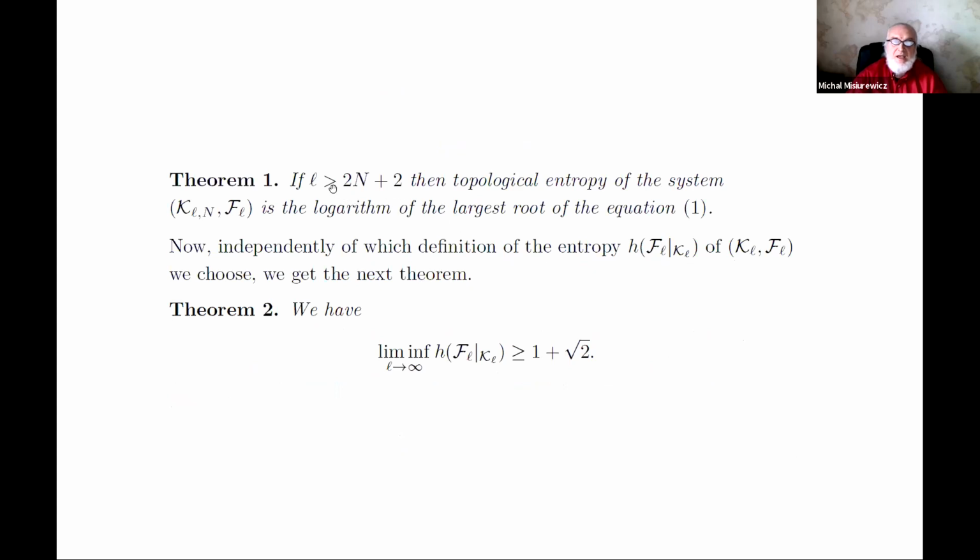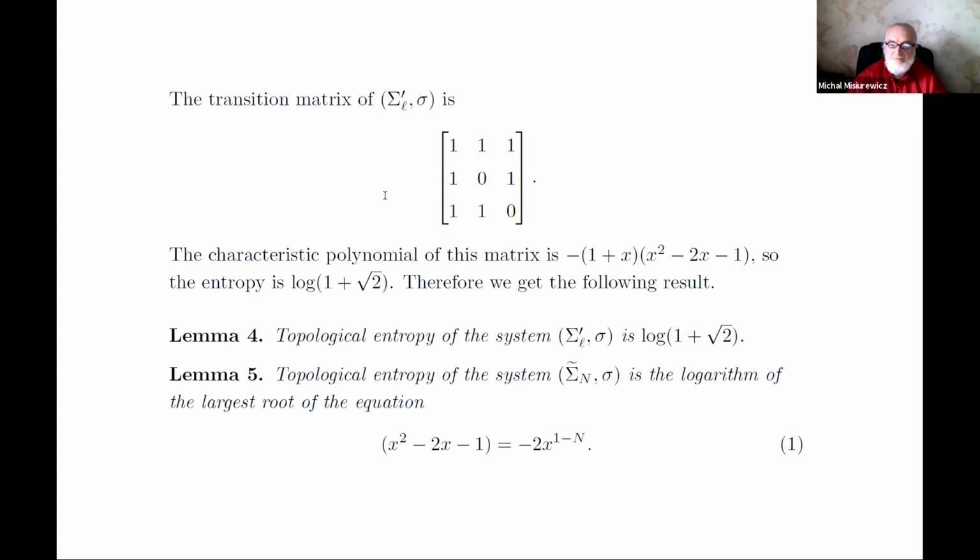So if L is larger than 2n plus 2, then the topological entropy of the system is the logarithm of the largest root of this equation here.